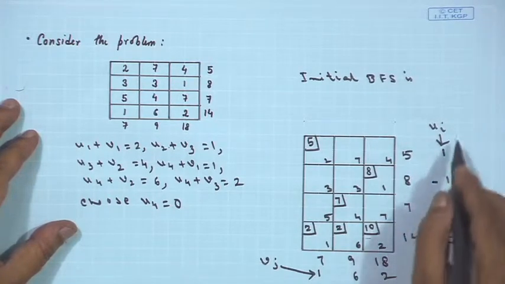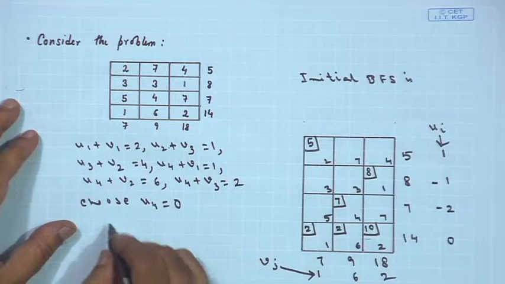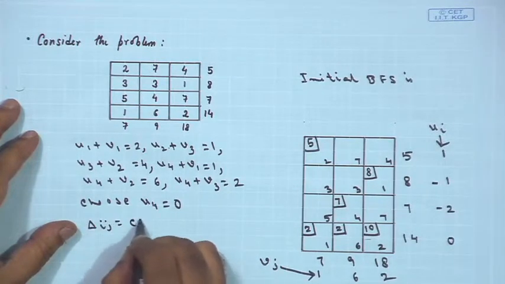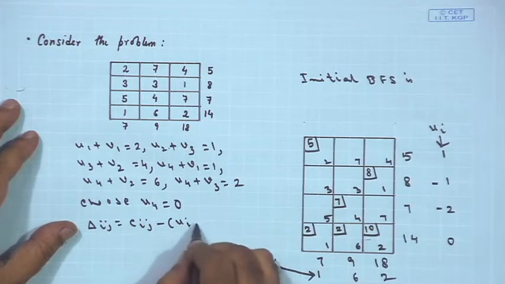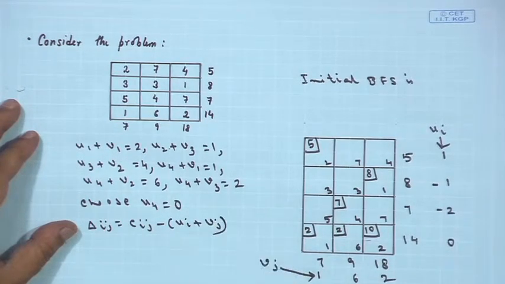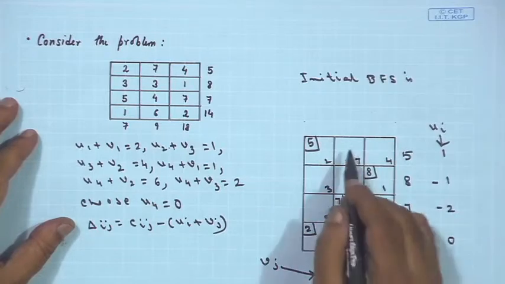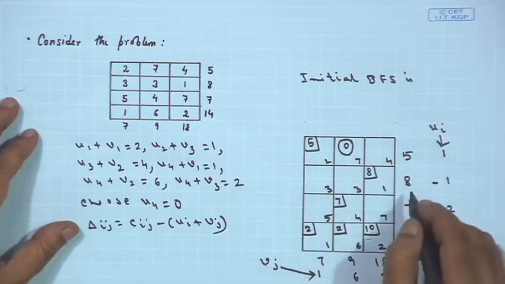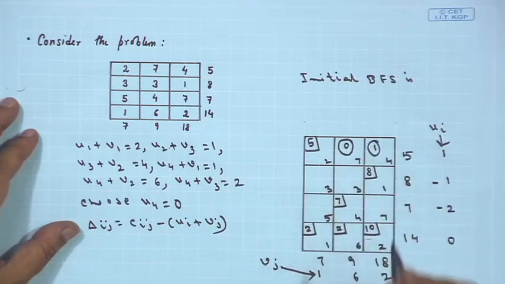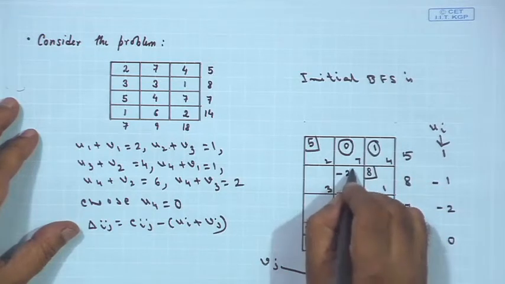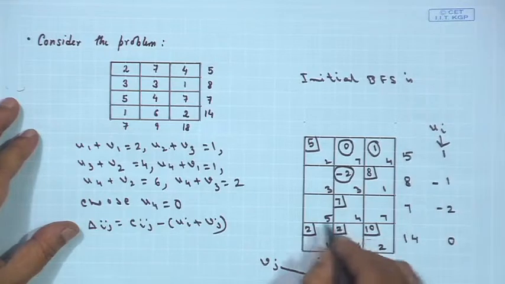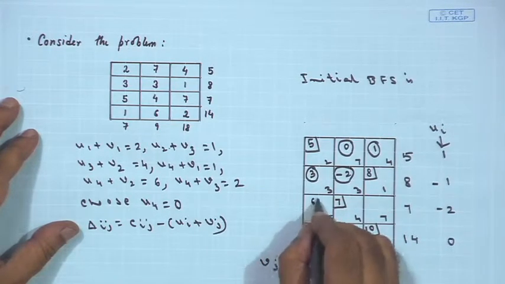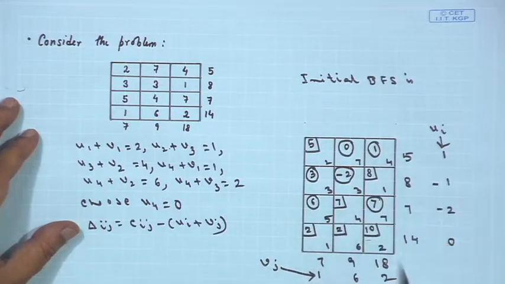So, once I have calculated ui and Vj, I can calculate delta ij equals Cij minus (ui plus Vj) using this formula. Since you already know how to calculate this, I am directly writing: here you will get 1, here it is minus 2, here it will be 3, then 6, 7.